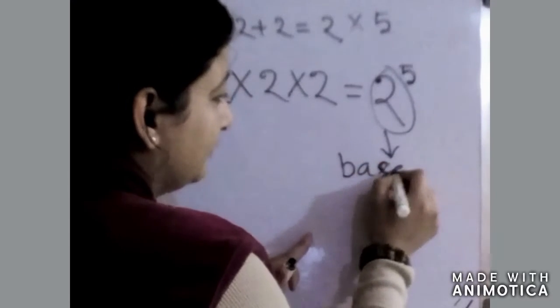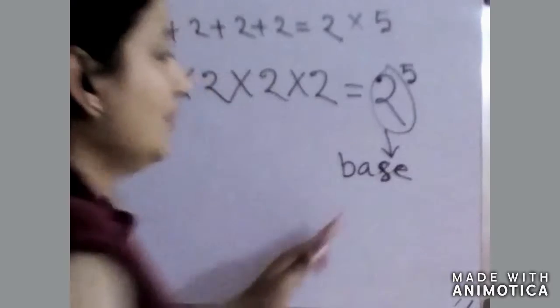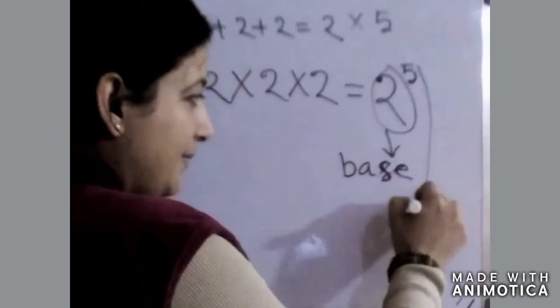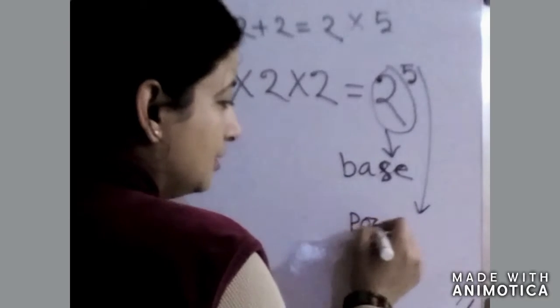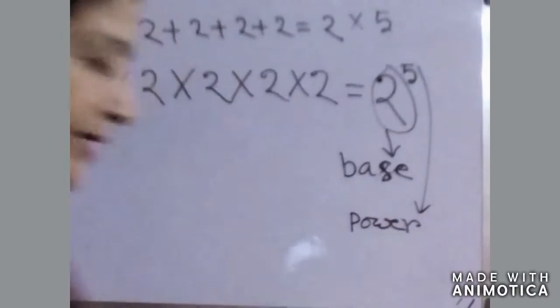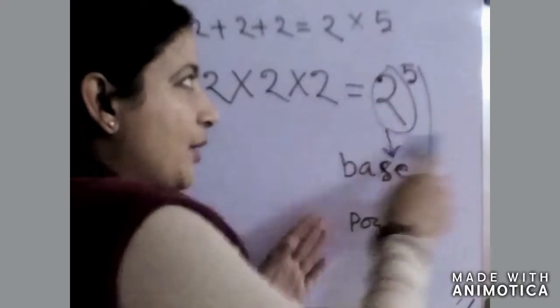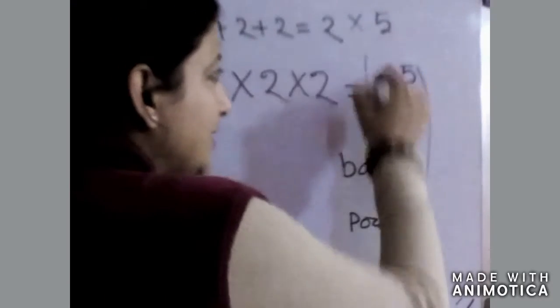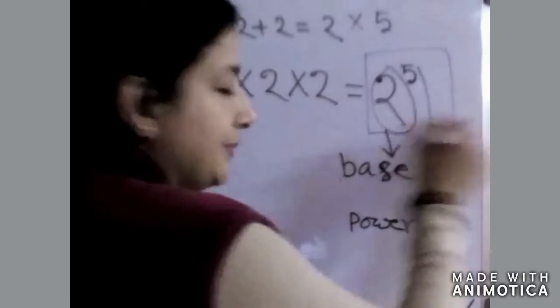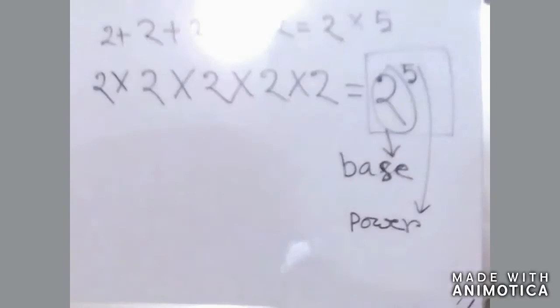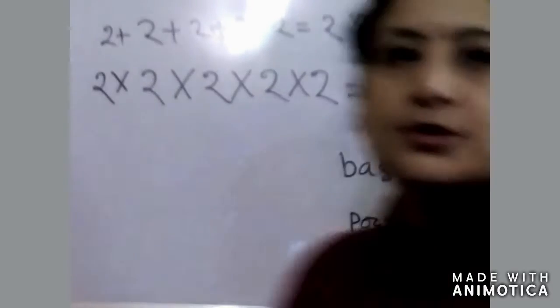I am writing it more clearly. And this 5 we call power, or index, or exponent also. Together we call this 2 to the power 5.